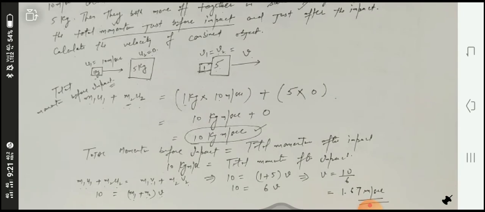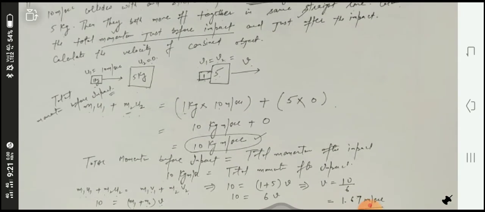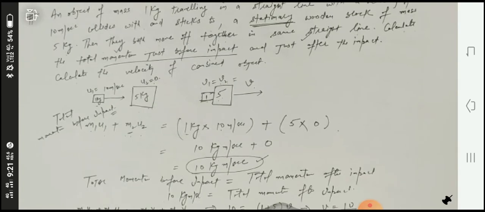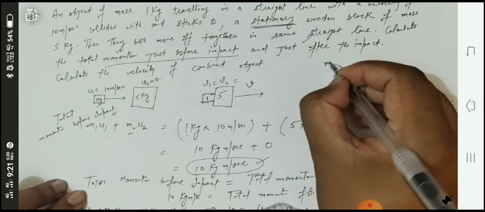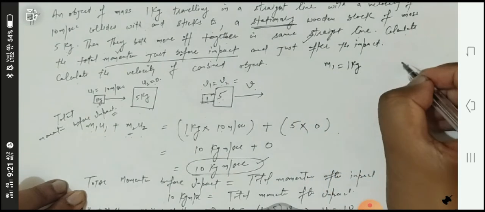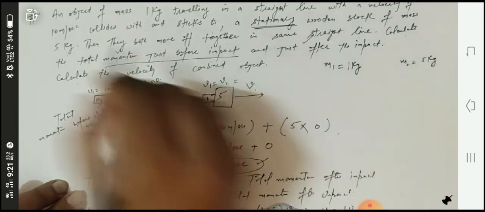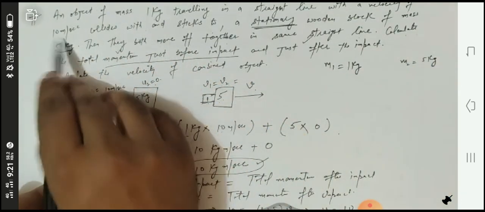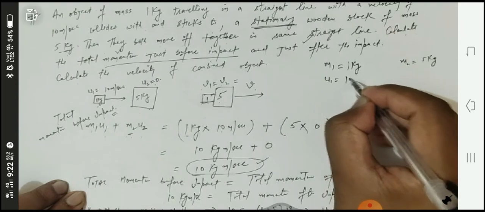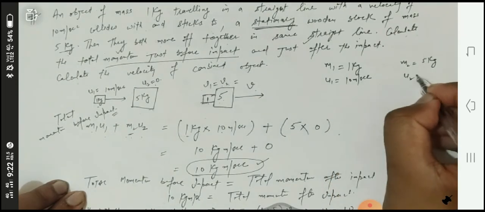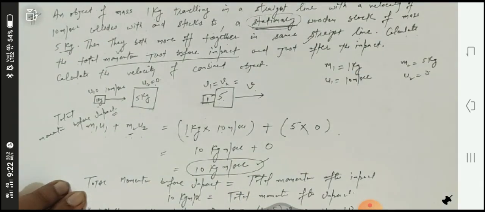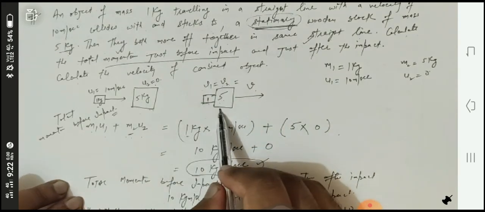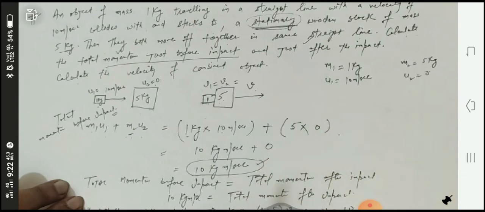All of you? I'm repeating again. According to the question, an object of mass 1 kg, first object m1 is 1 kg. Second object is of 5 kilogram. Fine. Its initial velocity is 10 meter per second. The second object's initial velocity is 0 because the object is stationary. Fine. Clear? So after collision, they stick together and move with the same velocity.